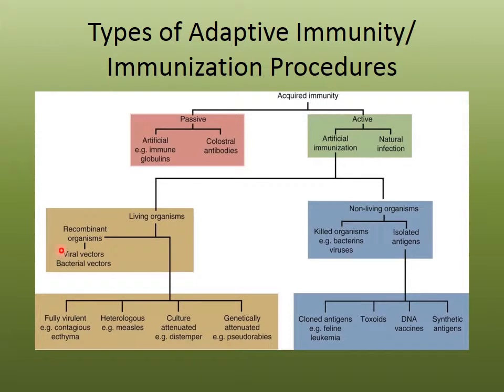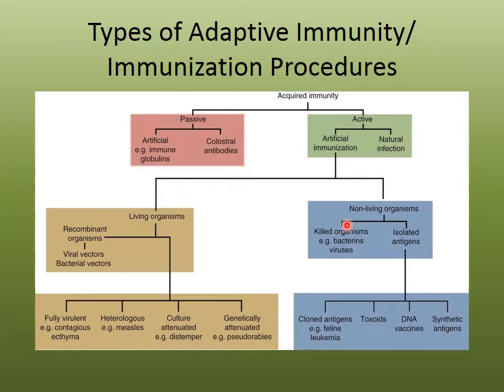We use viral vectors or bacterial vectors to make those vaccines. Then there's a further subdivision of living organisms: genetically attenuated, culture attenuated, heterologous, and fully virulent. I'm not going to talk about any of those. Just know that there are several different ways that living organisms can be turned into vaccines that are safe. So again, recombinant organisms, probably the most common.